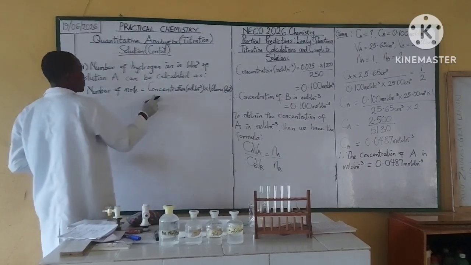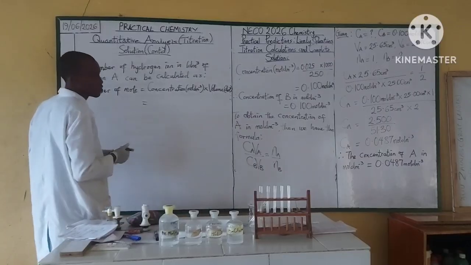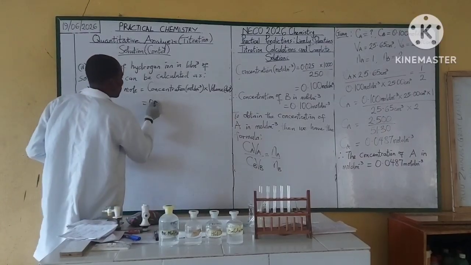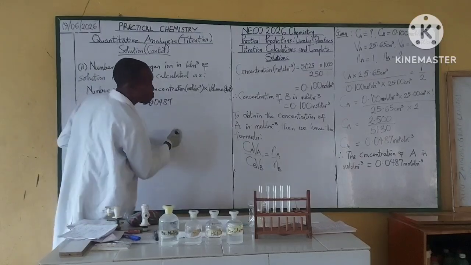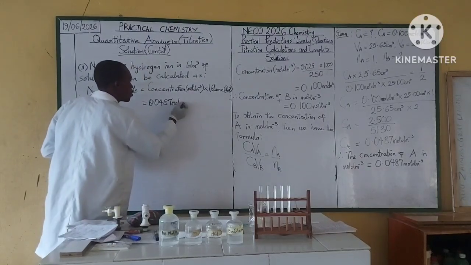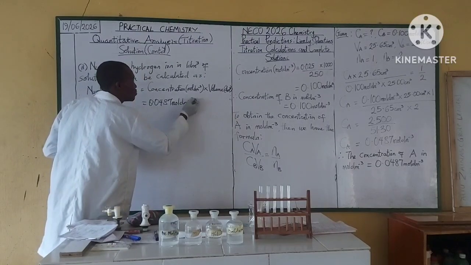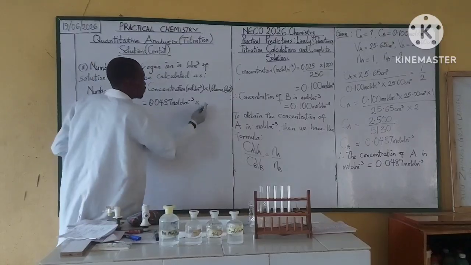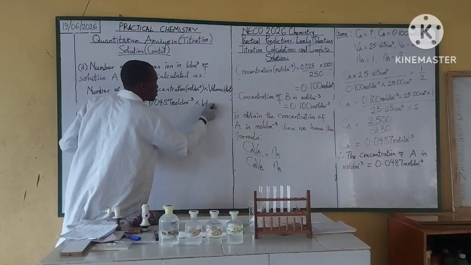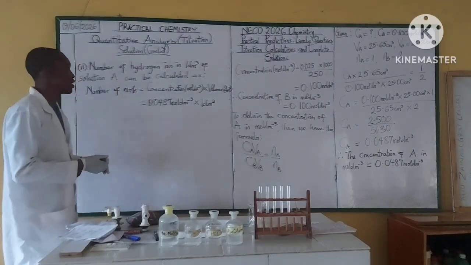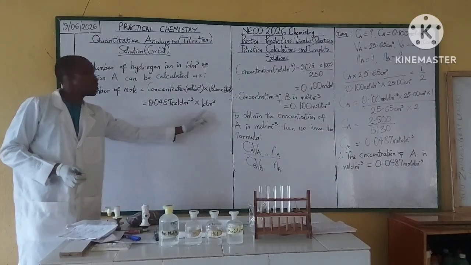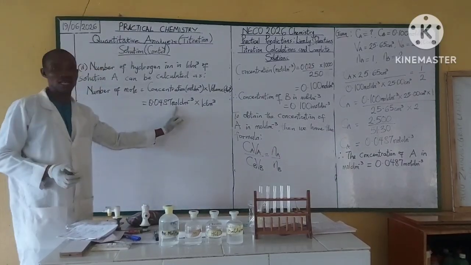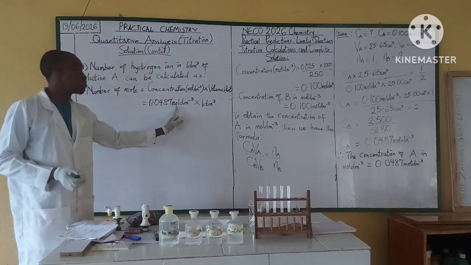What is the concentration of A? Concentration of A is 0.0487 mole per dm cube multiplied by volume, which is 1 dm cube. You can see here that dm cube cancels out dm cube.